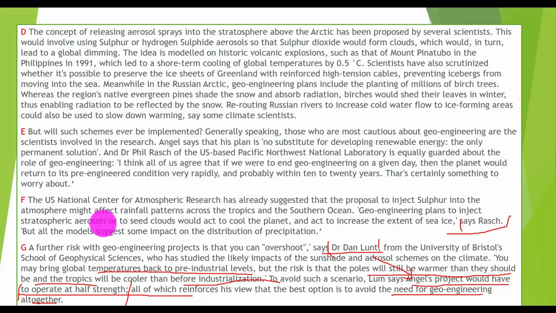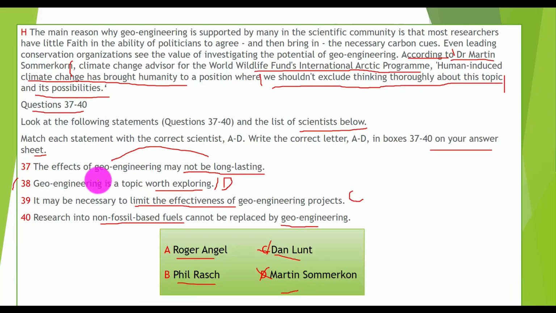Geoengineering plans to inject stratospheric aerosols or seed clouds would act to cool the planet and act to increase the extent of sea ice, says Rush, but all the models suggest some impact on the distribution of precipitation. Okay, it has nothing to do with long-lasting effects of geoengineering or non-fossil based fuels.